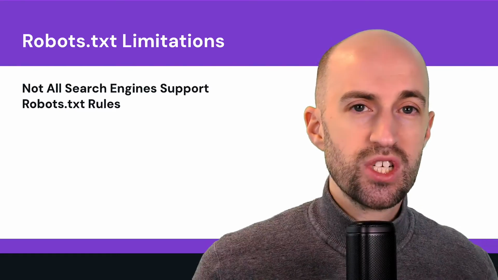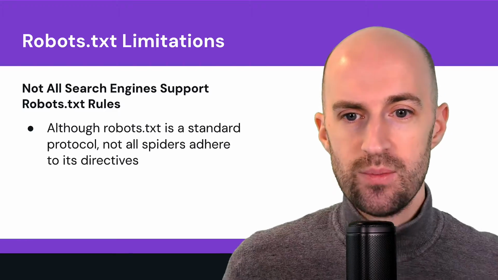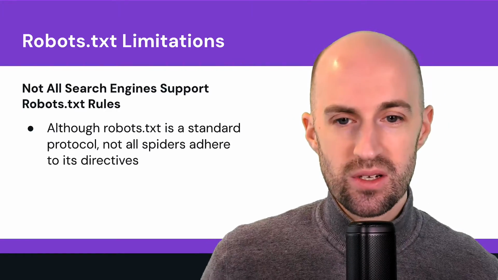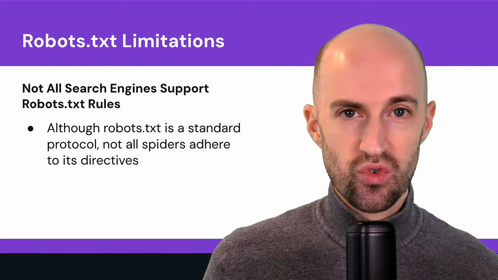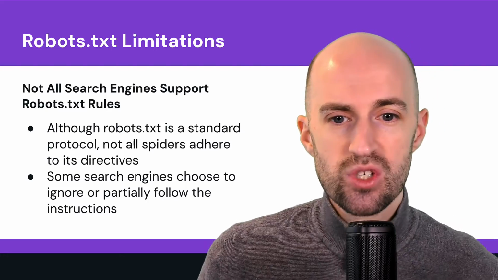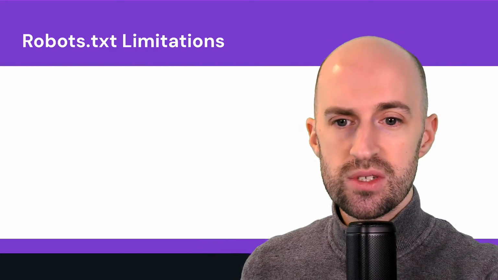Now, there's certain limitations with robots.txt. So not all search engines support robots.txt rules. So although it's a standard protocol on the web, not all spiders may adhere to its directives. So just to keep in mind. So some search engines choose to ignore or partially follow the instructions.